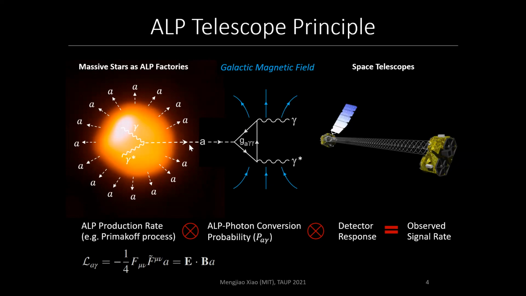These produced axions could escape from stars and travel in the universe. On encountering the galactic magnetic field, they have a chance to reconvert back to photons and then be detected by a space telescope.